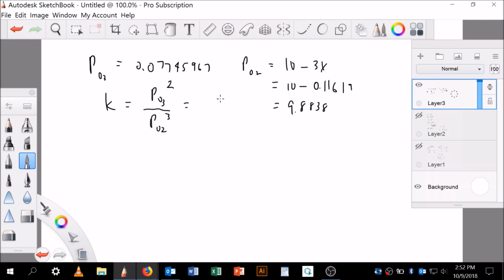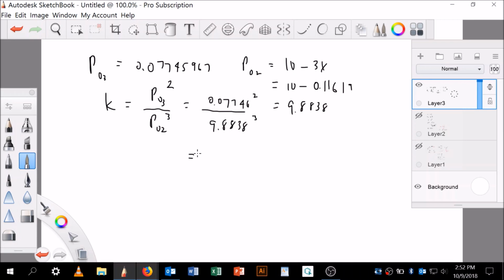Okay, and so what we need to do is see if this comes out to be about 6, then we're going to go, yeah, our approximation was good. 6 times 10 to the negative 6, and this was cubed. 0.07746 squared, and hopefully this will come out to be about 6 times 10 to the negative 6. Let's do this.